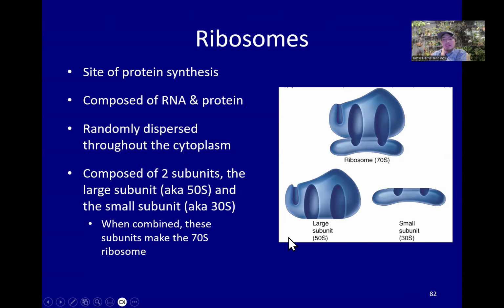So these are units of sedimentation. And this uses a technique called ultracentrifugation, or analytical ultracentrifugation. What you do is you take a tube and you fill it up with different concentrations of sugar, from incredibly high concentrations of sugar to lower and lower concentrations.